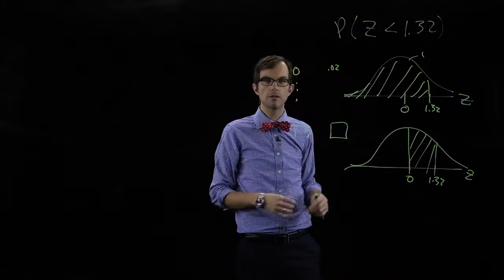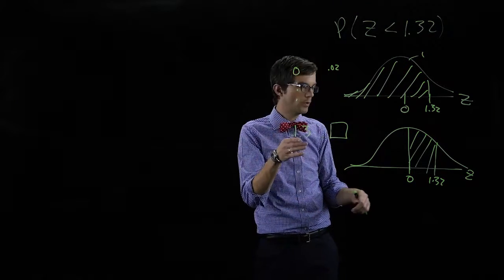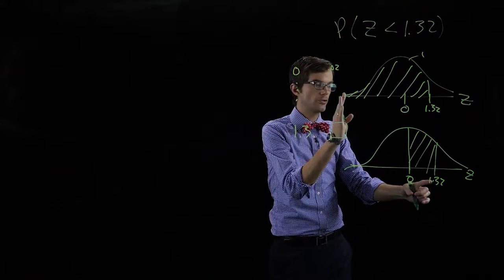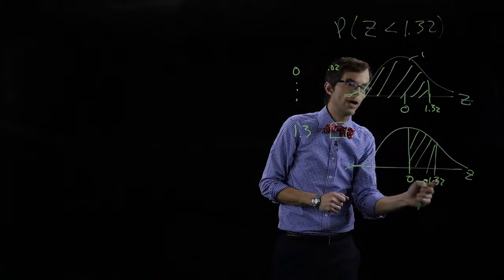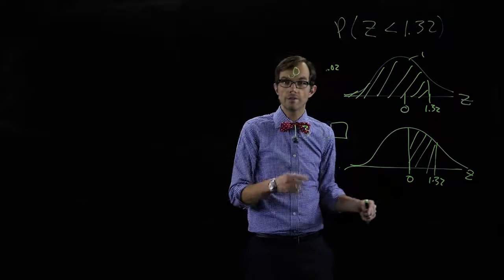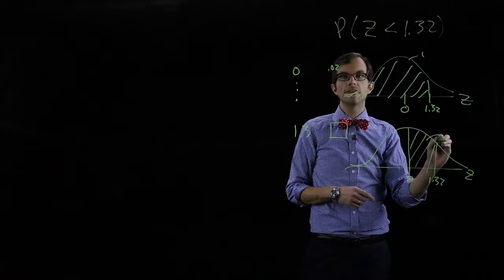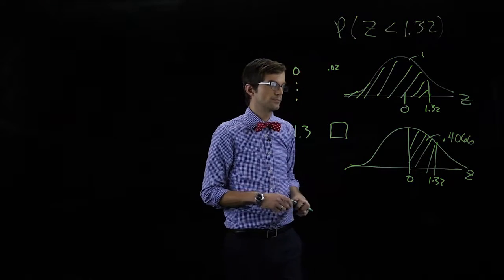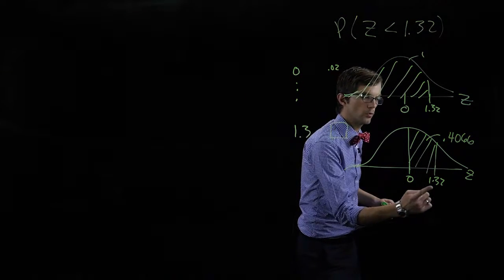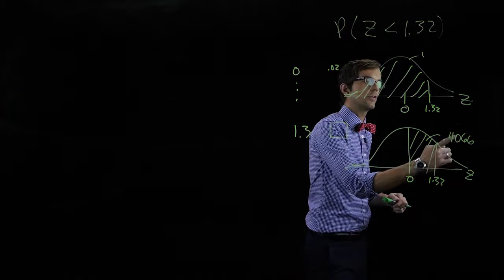That's how we read the lookup table. That intersection is this area between 0 and the value z that we're looking up. As it turns out, you'll find that this area is 0.4066. So the area between 0 and 1.32 is 0.4066.